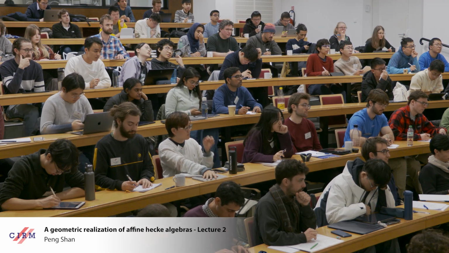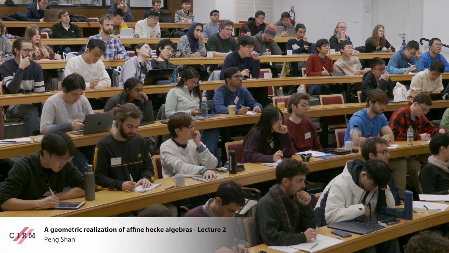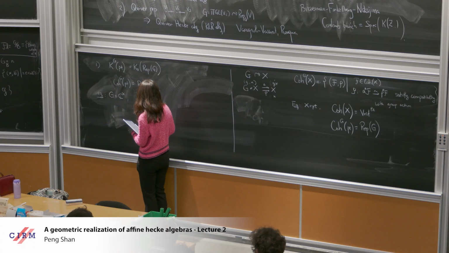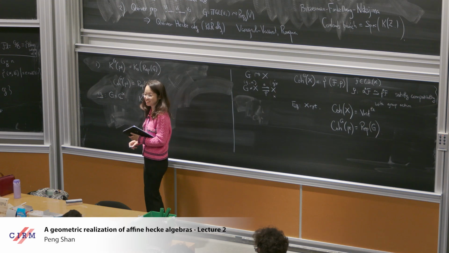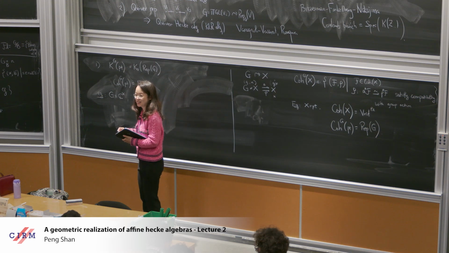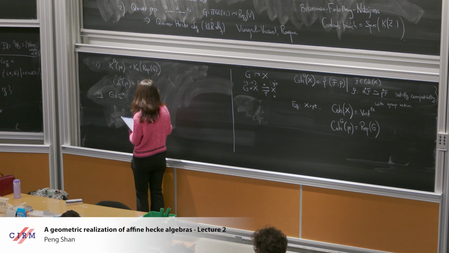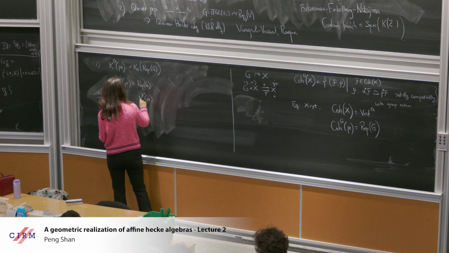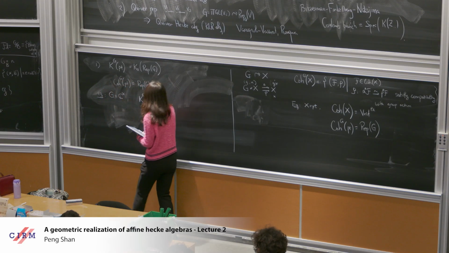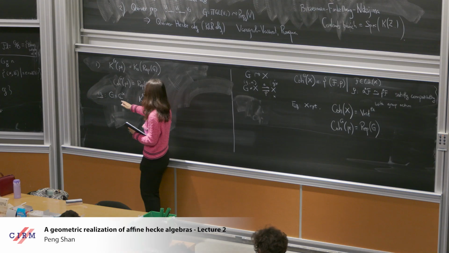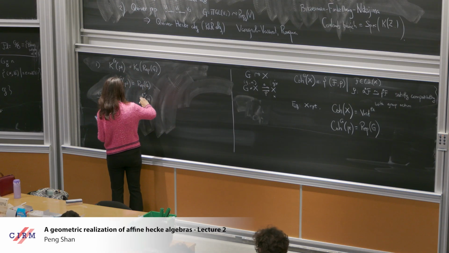The integers? Not quite, it's close. You mean integers as characters of C star, but then you have some tensor structure. In a sense it's correct.